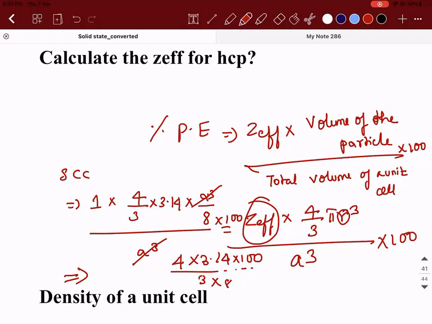I won't do mathematical calculations. You guys have to do. You are responsible.